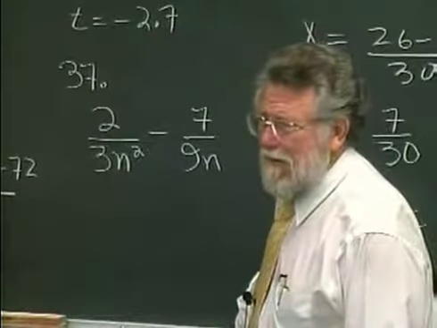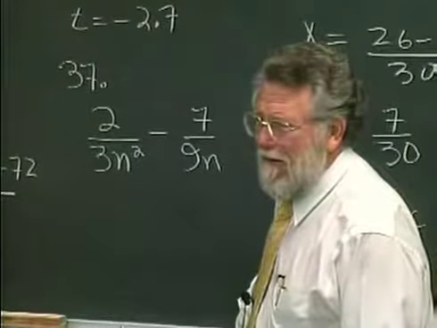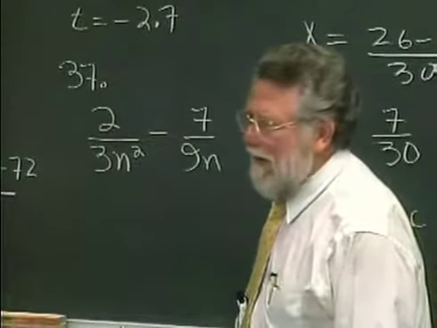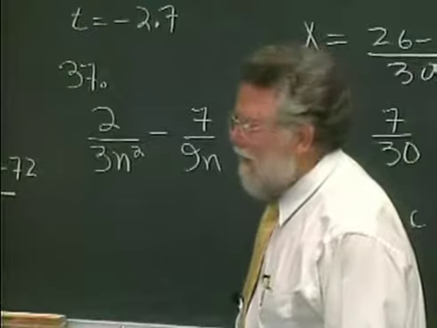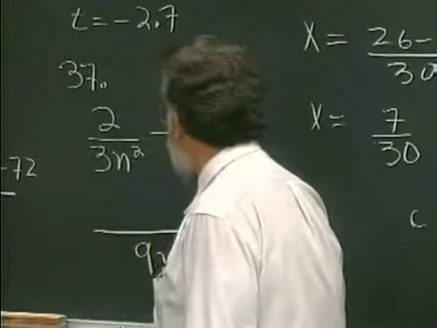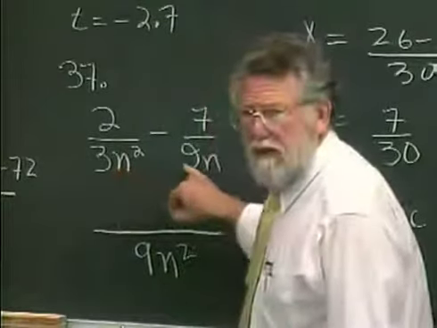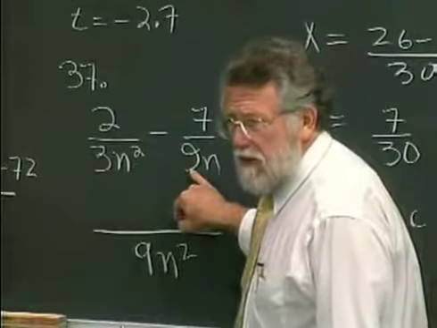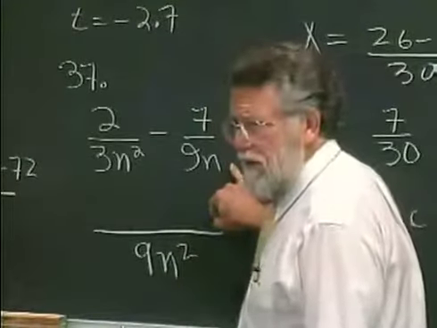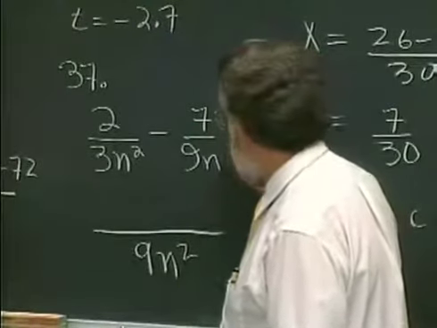What's the LCD? 9n squared. But how's that work? Okay, but here's your 9n squared, because you had n squared here, and this is 3 squared. So 3 squared, n squared is your LCD.